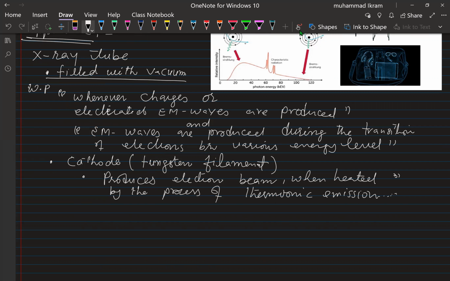This is very simple. So this process is known as thermionic emission.